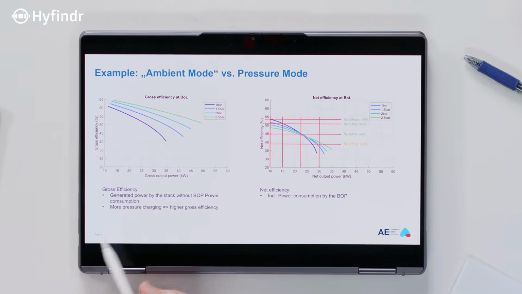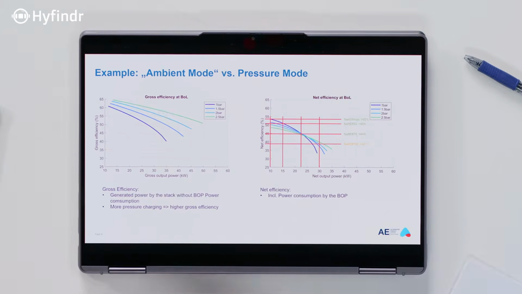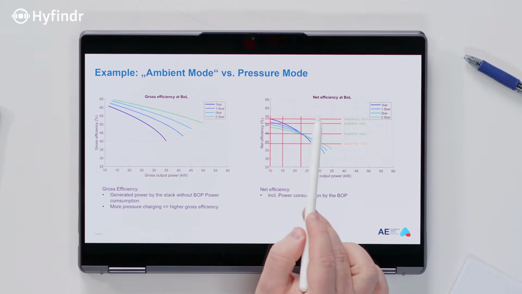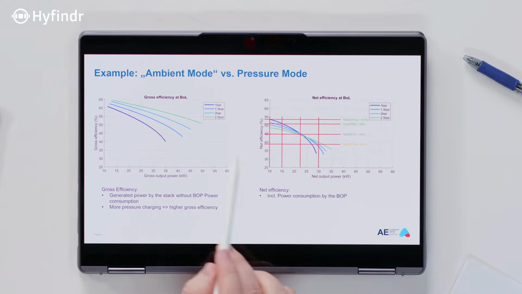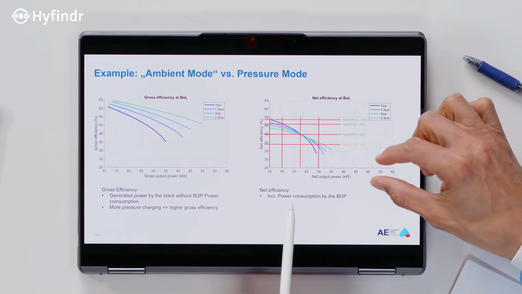There's more power generated in the stack, but there are not only benefits. More power seems to be a benefit, but when we look at the right side, for the net efficiency, the net output power, that is what is important for the application.